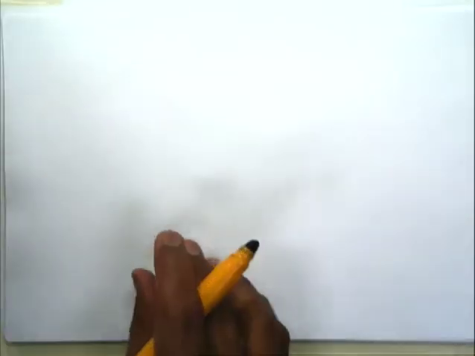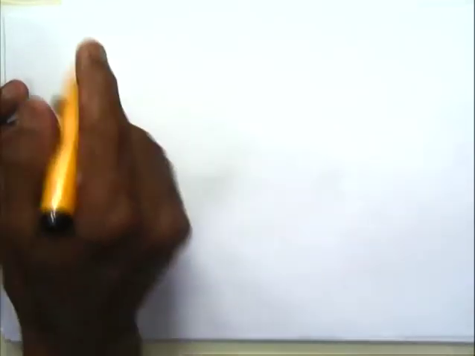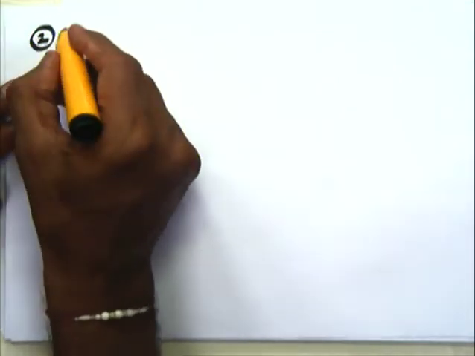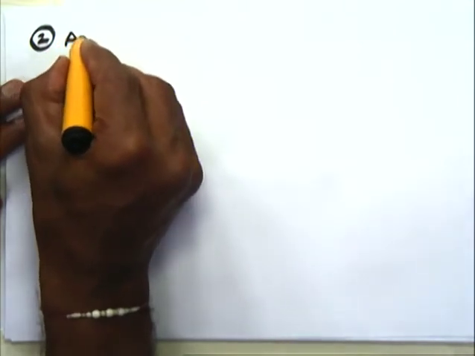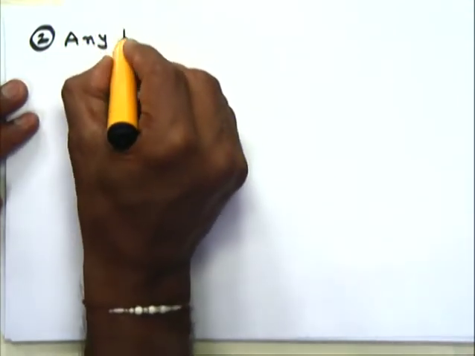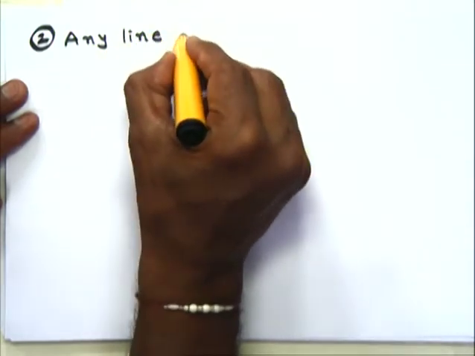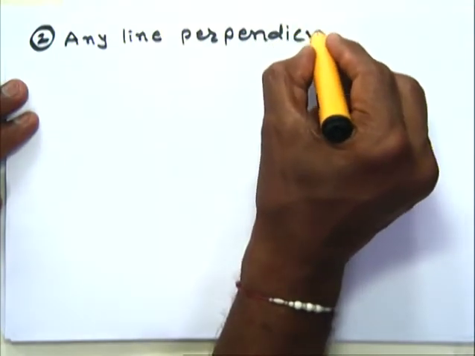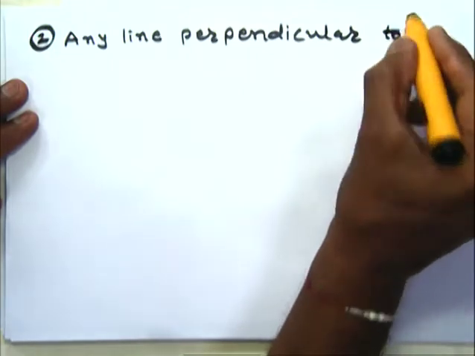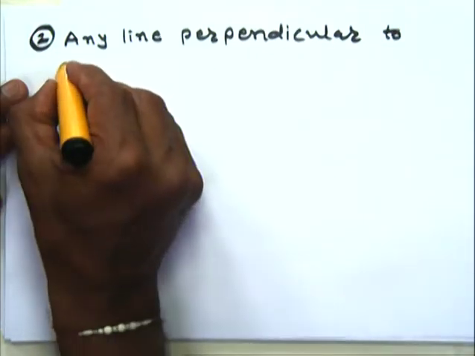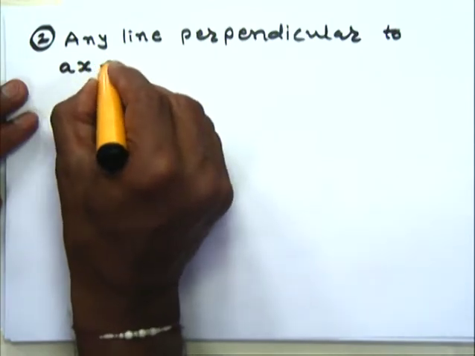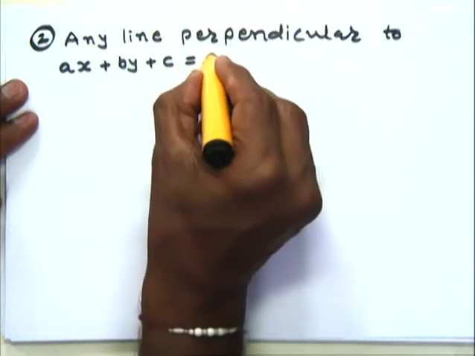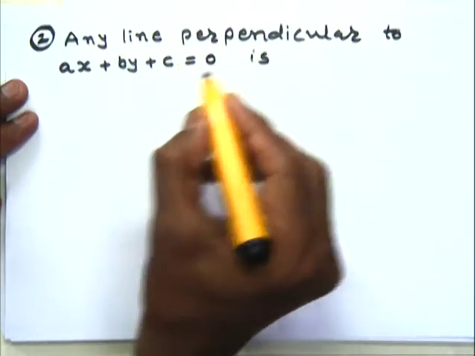Further, I find that, our note number 2, any line perpendicular to the given line, which is ax plus by plus c equal to 0, is as under.